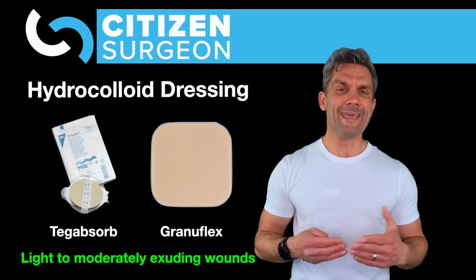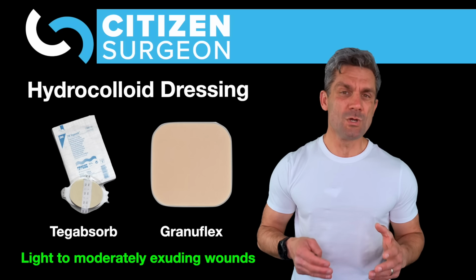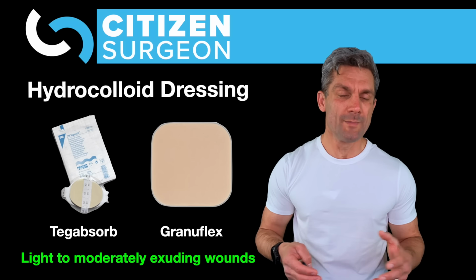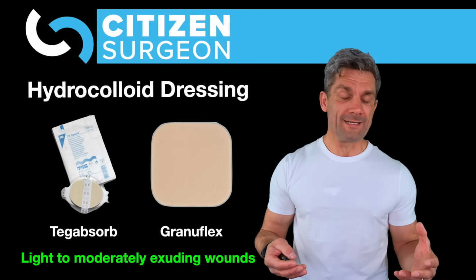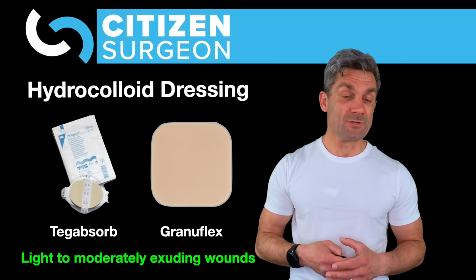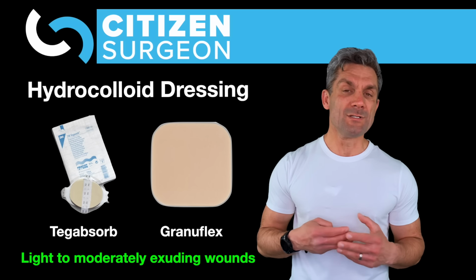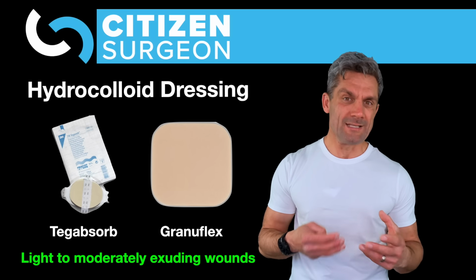They're also good in wounds in children because they're quite painless to change. So two commercial examples I have here, Tegasorb and Granuflex. It is indicated in partial and full thickness wounds, so pressure sores, also donor sites for skin grafting, and has been shown to be really effective in these low to moderate exudative wounds because of that nice gel formation.